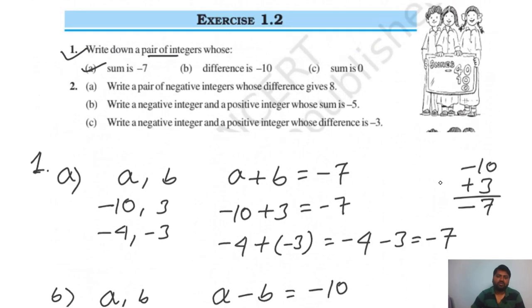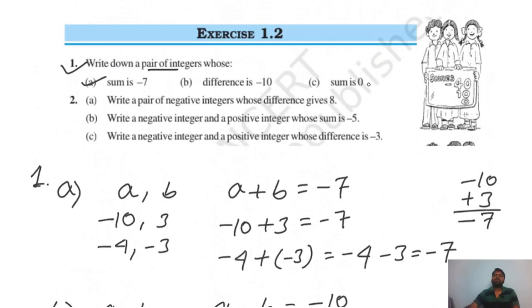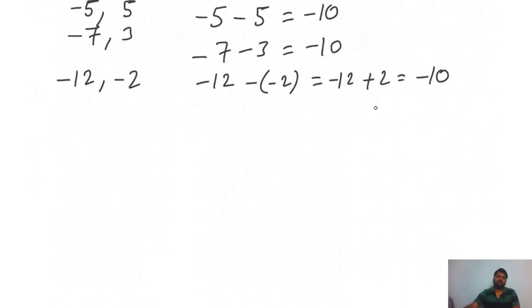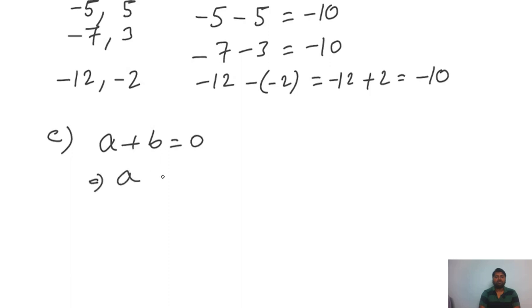So this is the problem, and the sum is 0. When we get sum 0, that is the numbers whose sum is 0, meaning a plus b equal to 0, that means a equal to minus b, that means the additive inverse.